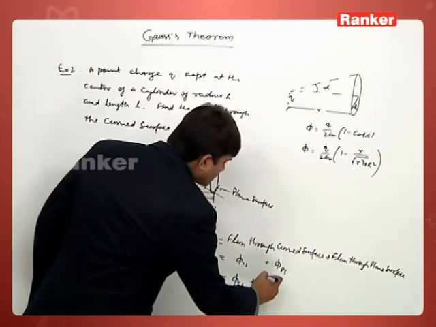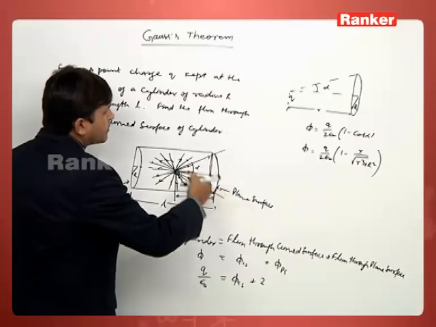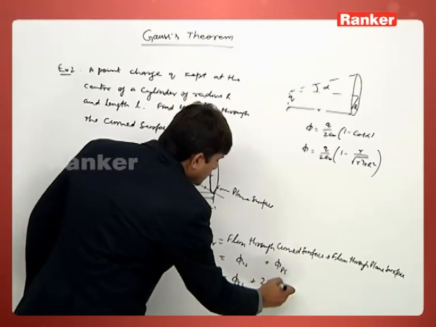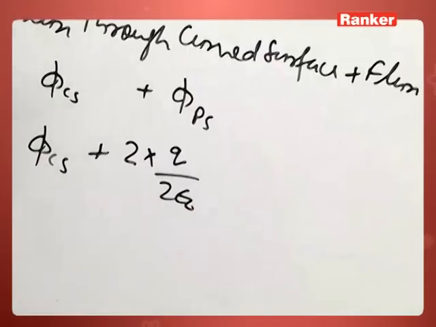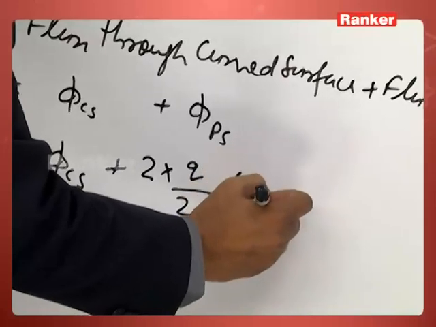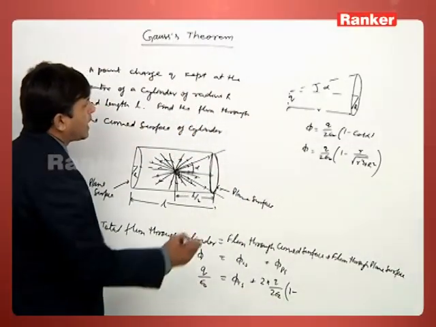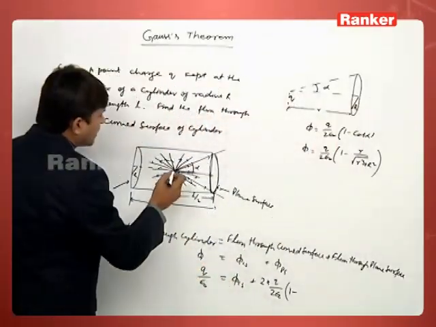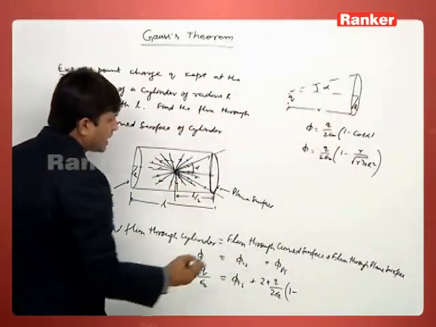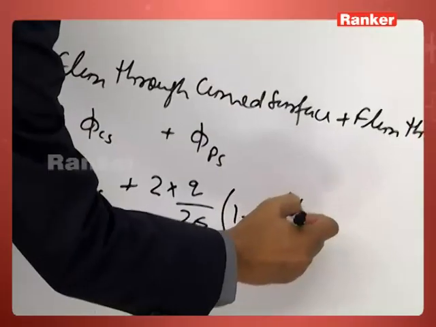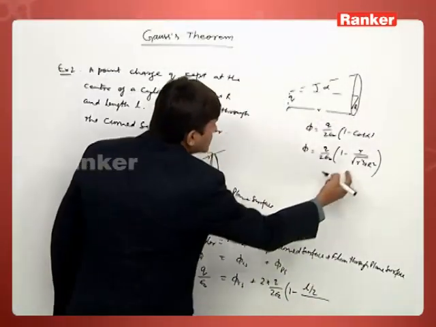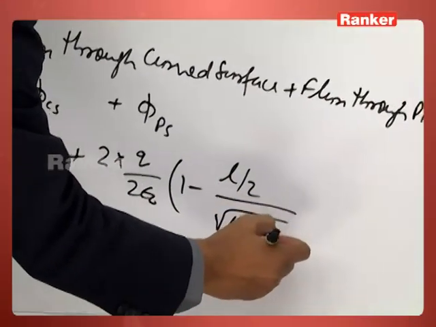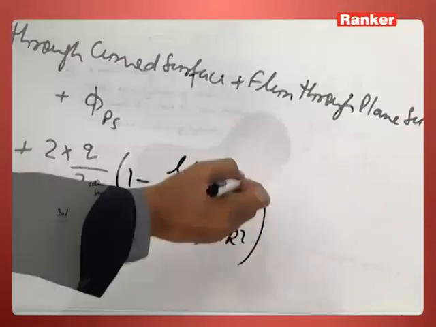So 2 times the flux through one part is given by this relation, which is equal to Q by 2 epsilon naught times 1 minus R, where the distance from the point charge to the center of the plane is L by 2. So L by 2 divided by the square root of L by 2 whole square plus R square.